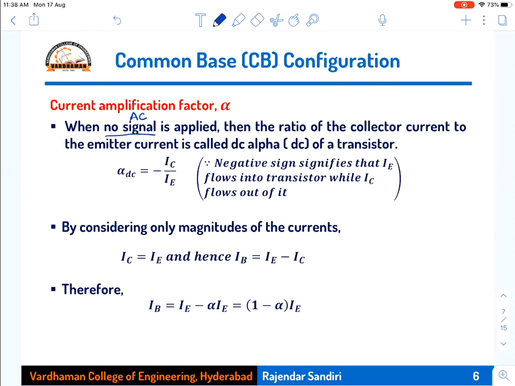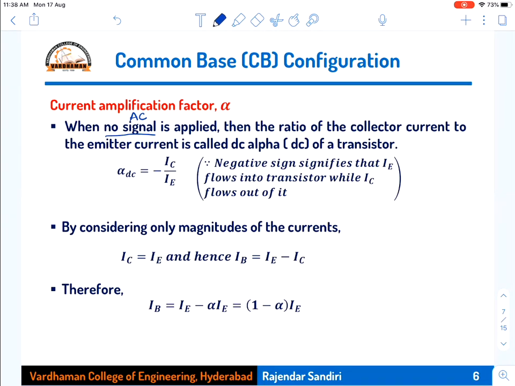I told you that output current is IC and input current is IE. Now why has this minus sign come? If you see the figure, alpha is the ratio of output current to input current. We already know that the output terminal is the collector and the input terminal is the emitter. Therefore, collector current flows in the output terminal and emitter current flows in the input terminal, so output current divided by input current is IC by IE.